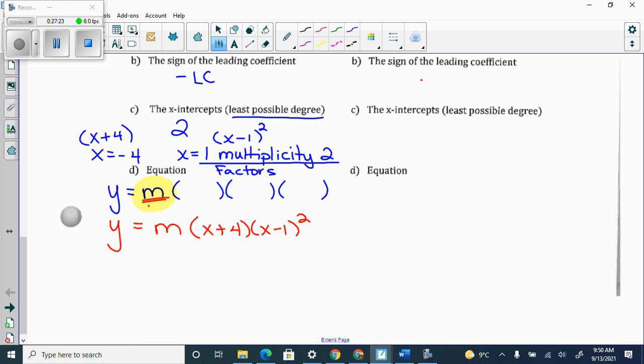Because that's what we're looking for. So what was the thing on your graph that changed with that leading coefficient? Your y-intercept changed. And actually every other coordinate changed. The only thing that didn't change was my x-intercept. So I can't use an x-intercept to solve for m.